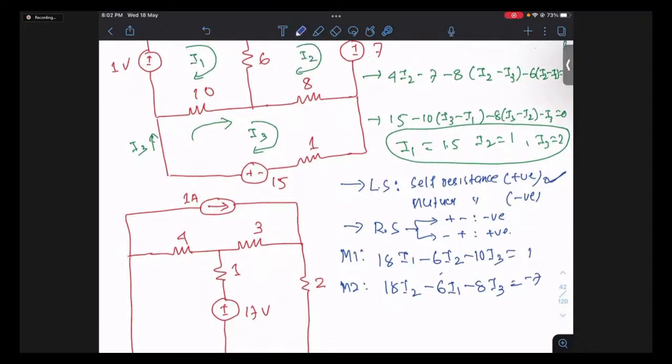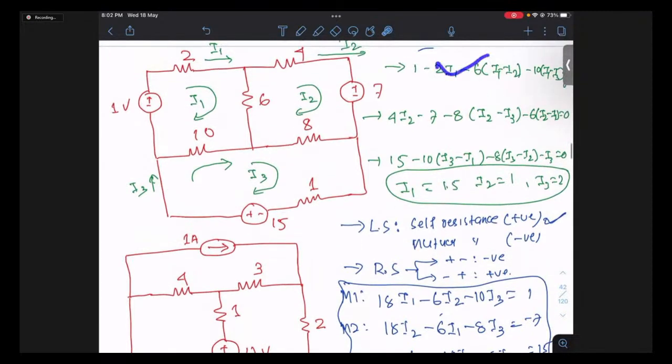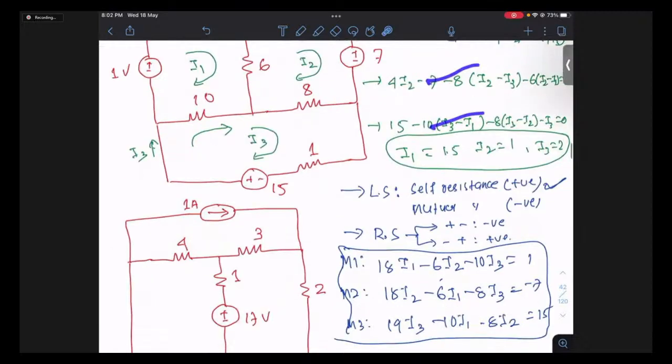Similarly, for mesh 3, the equation will be 10 plus 8 plus 1, that is 19 I3, minus 10 I1 minus 8 I2, equal to plus 15. So these are the three equations. If you simplify all these equations, these are the answers you're going to get. You can verify it.